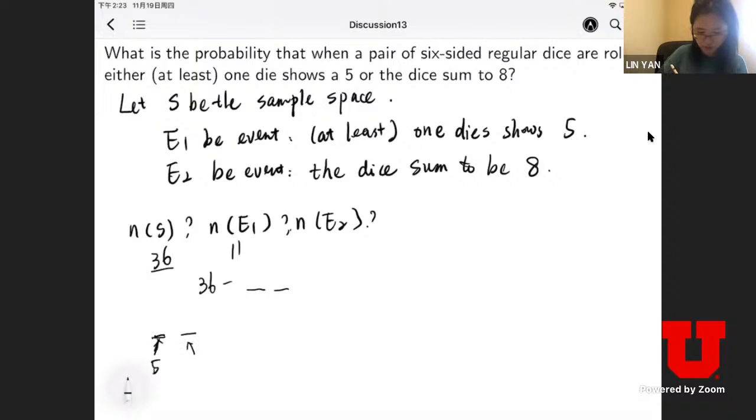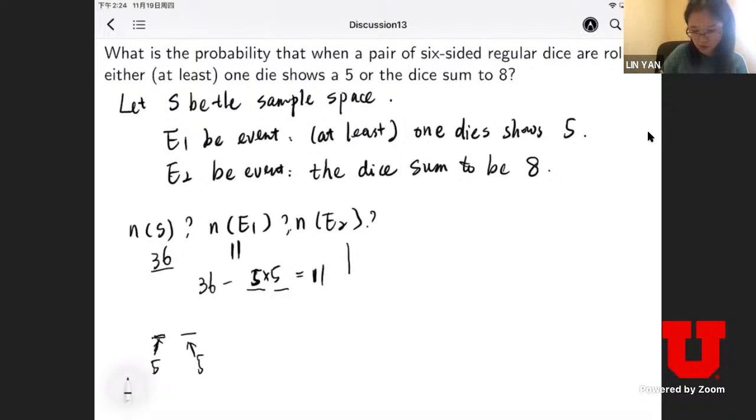And still we can choose the second die from these same 5 numbers. So it is 5 times 5, so it is equal to 11. So the value of N(E1) is 11.